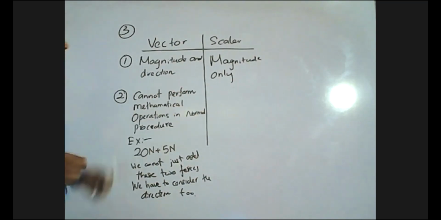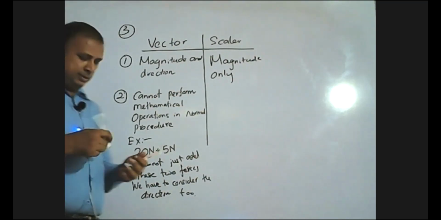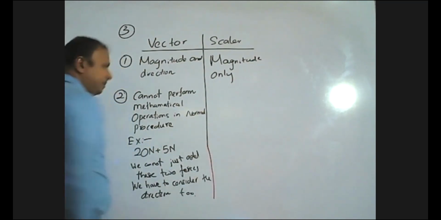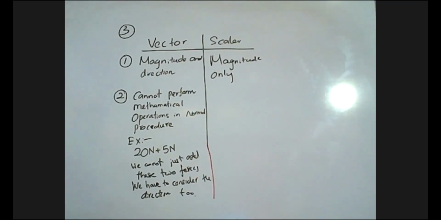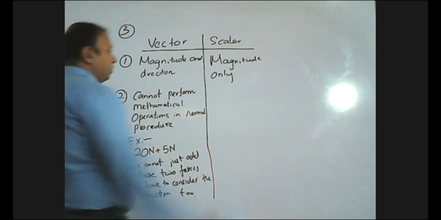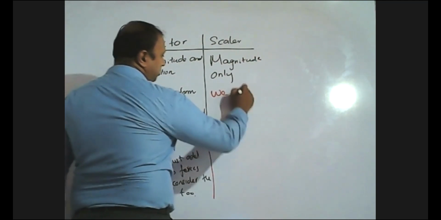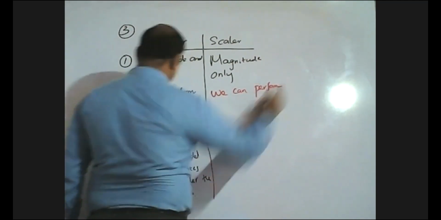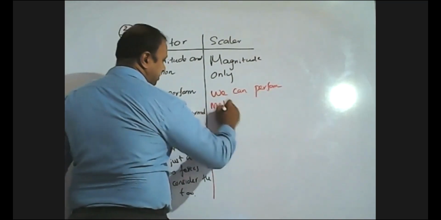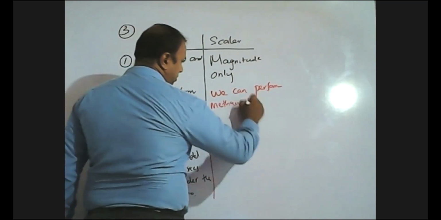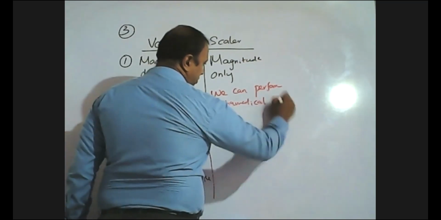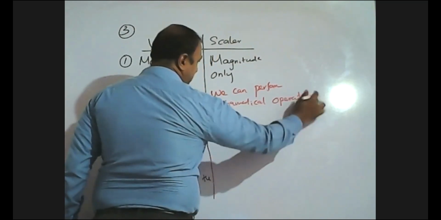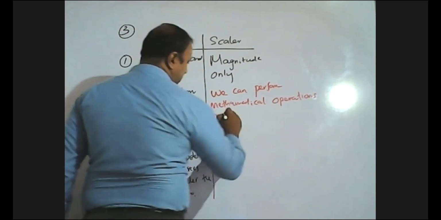But in scalar quantities, we don't want to consider the direction, so we can simply add whatever the values. So we can perform mathematical operations in the normal procedure.